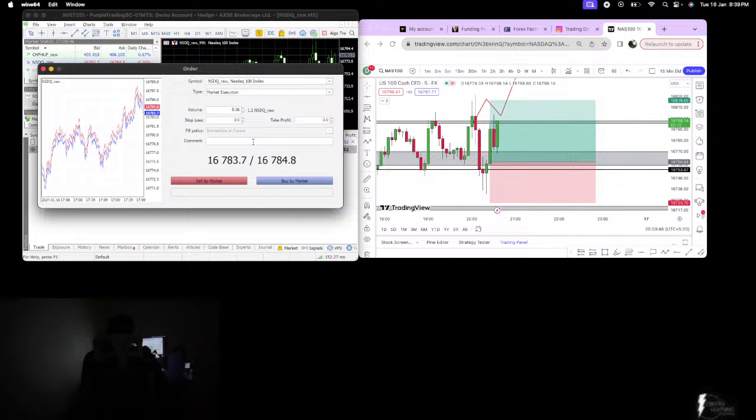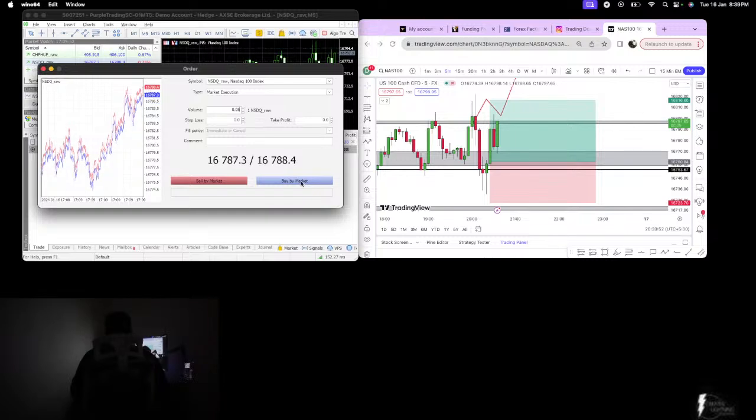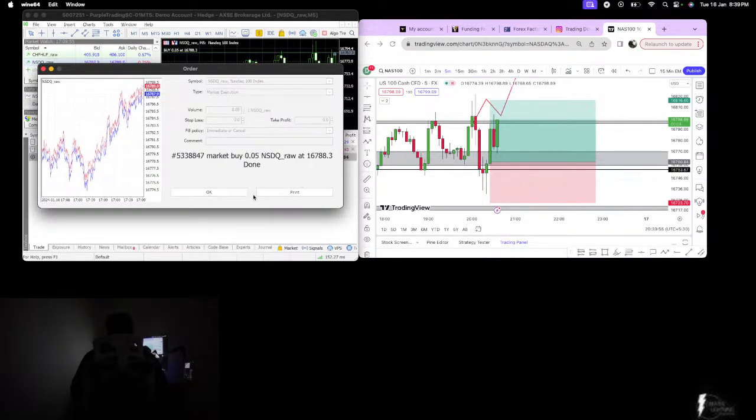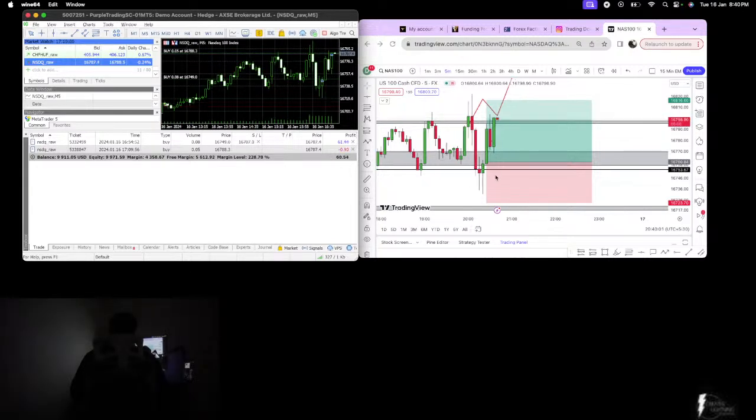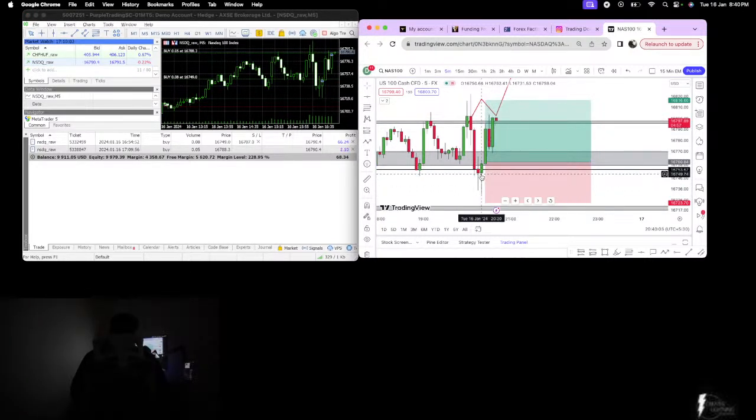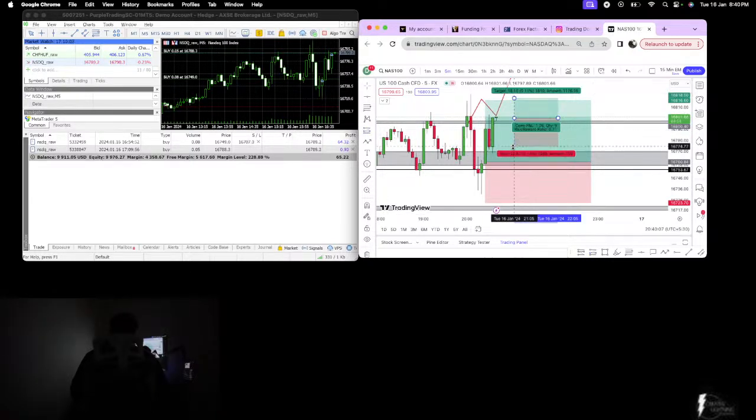So I am decreasing the size a little, 0.05. Okay, so I'm opening it, right? You can see I have opened more position, and now I'll shift the stop loss to this point, clear?